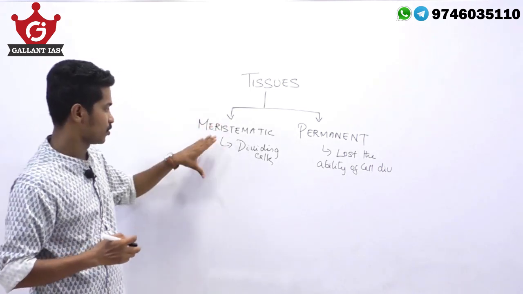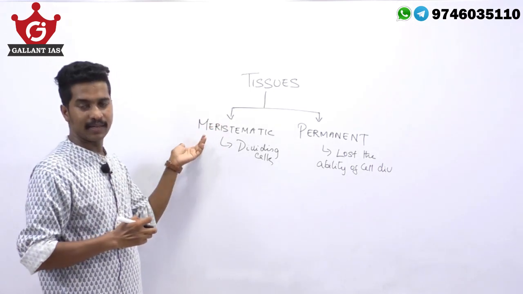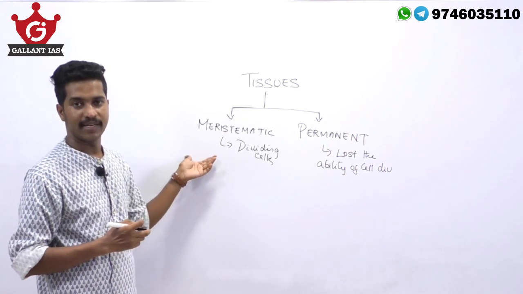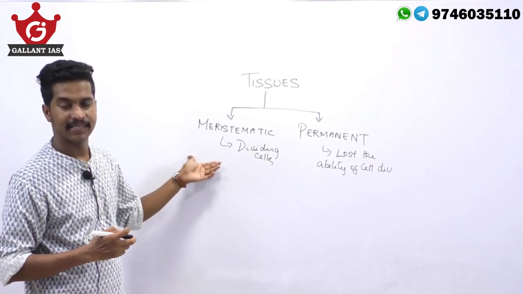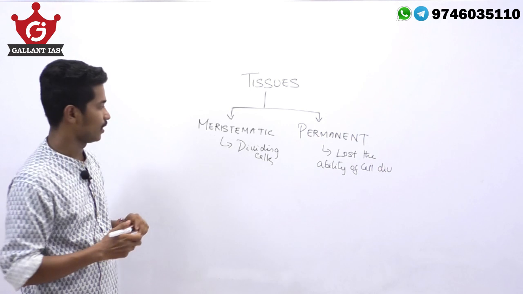Based on the position, the meristematic tissues are divided into apical meristem, intercalary meristem and lateral meristem.